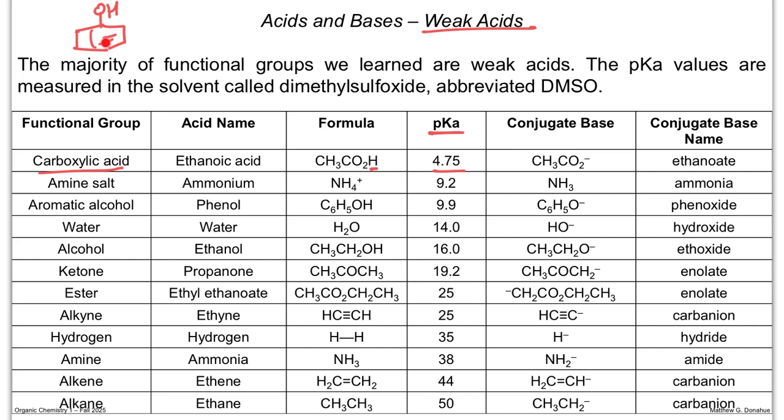The fact that that's aromatic separates it from the other alcohols that we'll see down below. When we deprotonate that, we get phenoxide. Now this oxygen is O-, and that's just the name of that base.